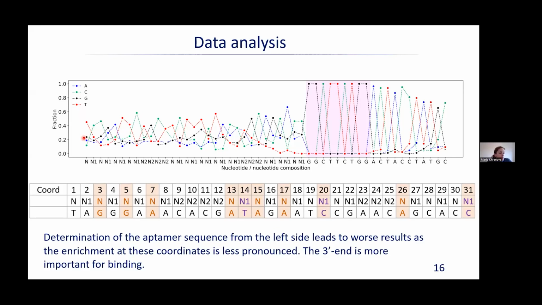We thought that maybe the right end of the aptamer is more important for binding, therefore the sequence there is more homogeneous, and maybe the beginning of the aptamer does not considerably interact with the target protein, therefore maybe the sequence there is more heterogeneous.